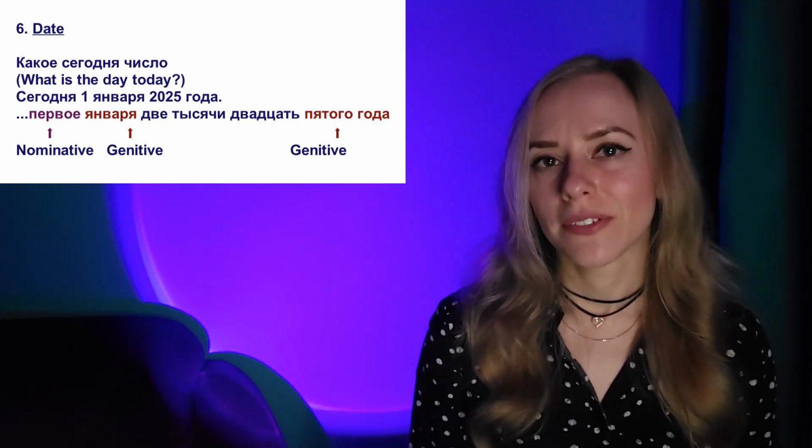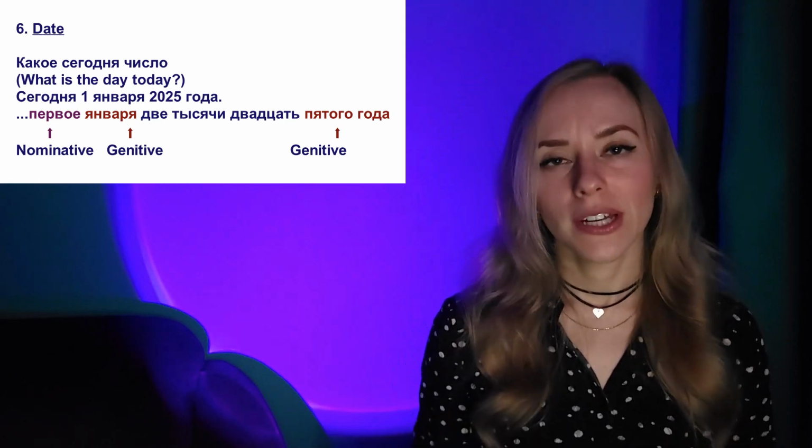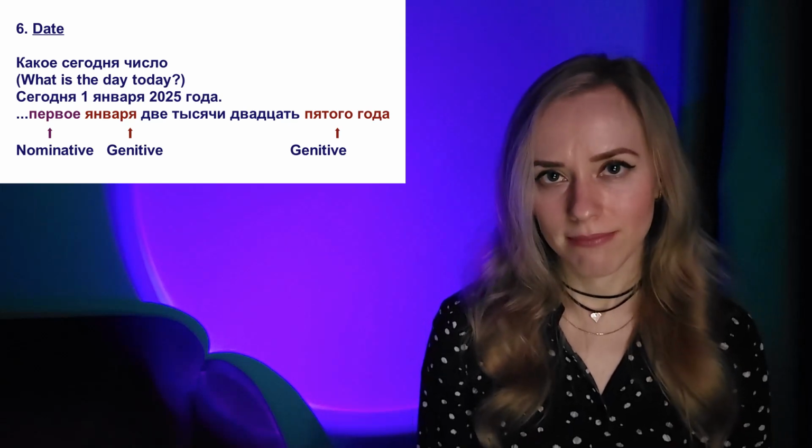For 1 января 2025 года. For year, we should use the genitive case. So if you need to say day and month together, answering the question когда, genitive case. The whole date, day, month, and year, also genitive case, without any prepositions.